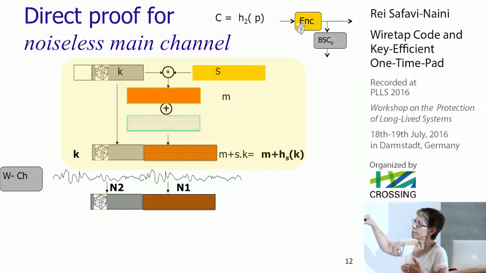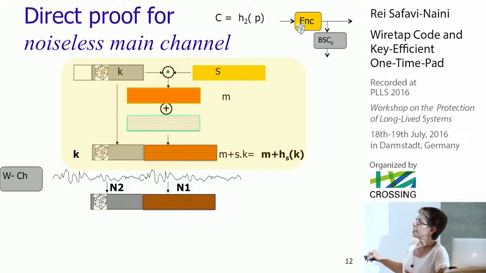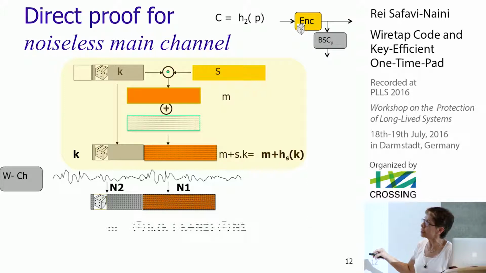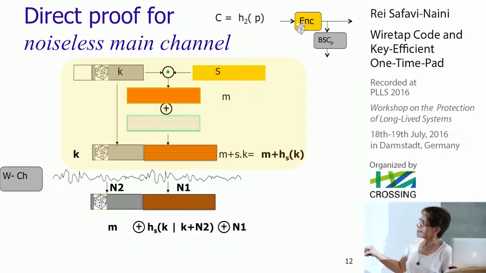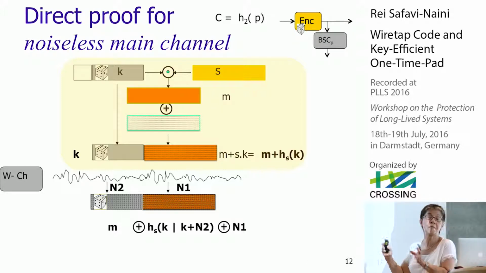When it goes through the adversary's channel, some independent noise is added here, because noise in different parts of the channel are independent. So the two noises are added here. If you look at what we obtain as the view of the adversary, this is the message part.